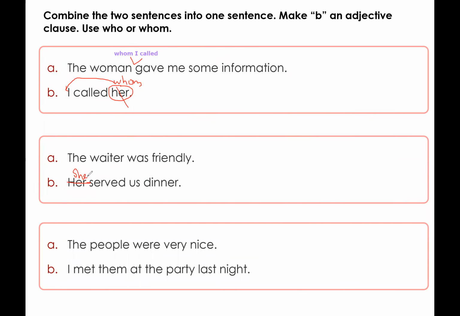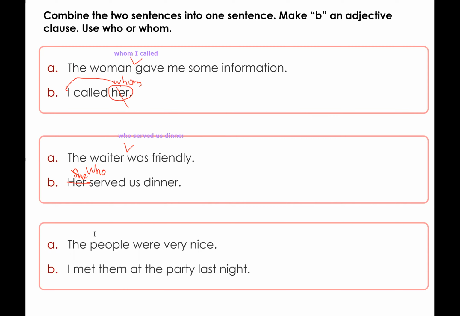So she is referring to the waiter. So I want to change the she to who, right? And I want to place it as close to the antecedent as possible. So it's the waiter who served us dinner. So again, it's not any waiter, right? So you want to make this essential to specify.